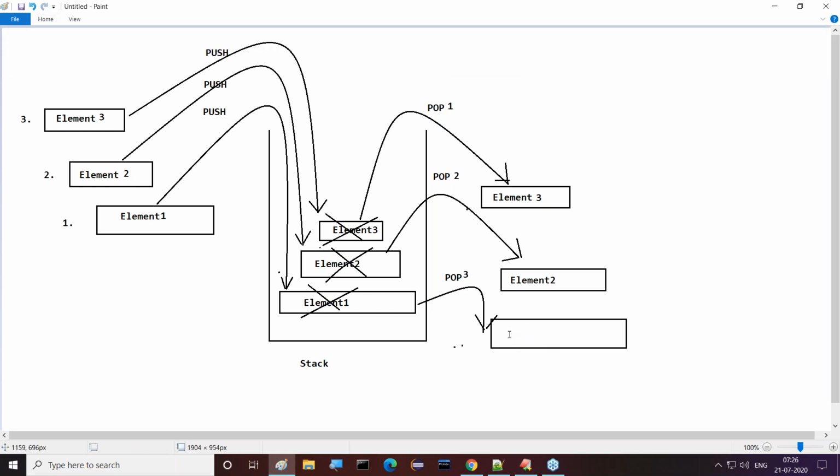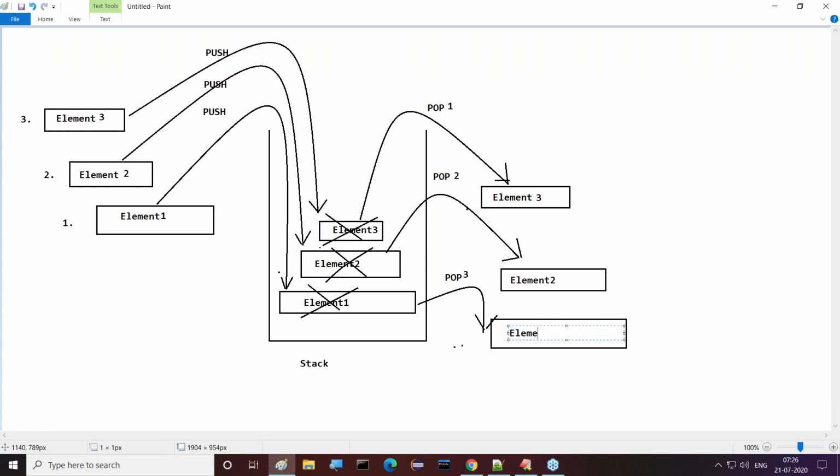Anyway, this is one data structure. To format the data in this particular fashion, we use the stack data structure. Now I'm asking you about operations. What is the push operation? Inserting an element into the stack.